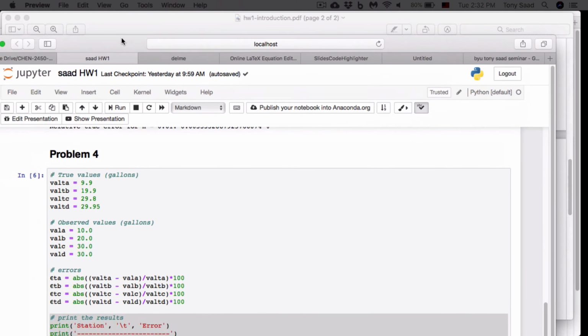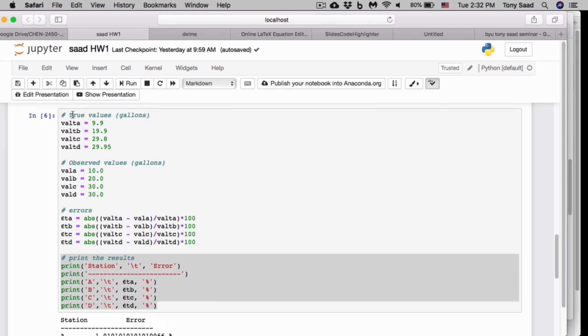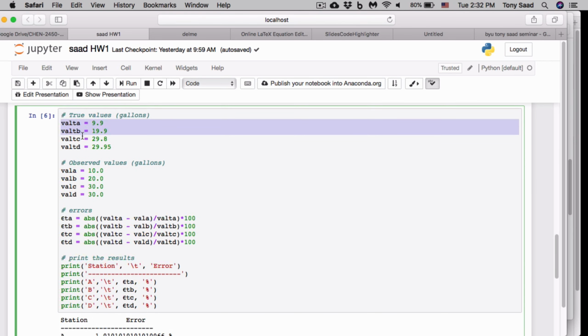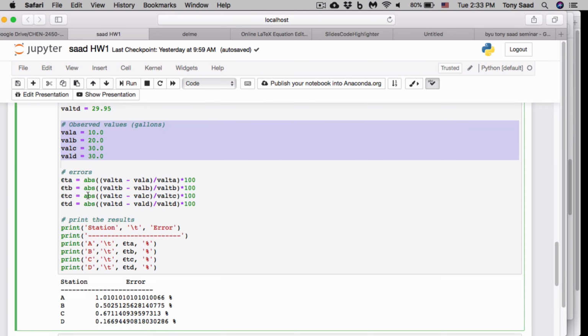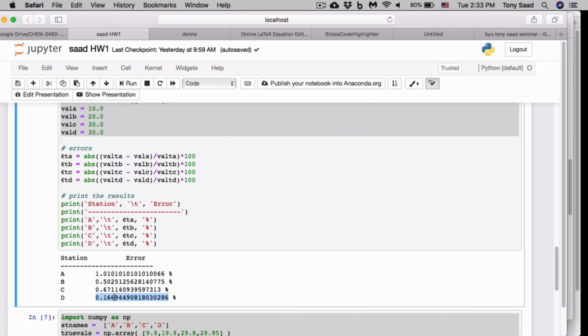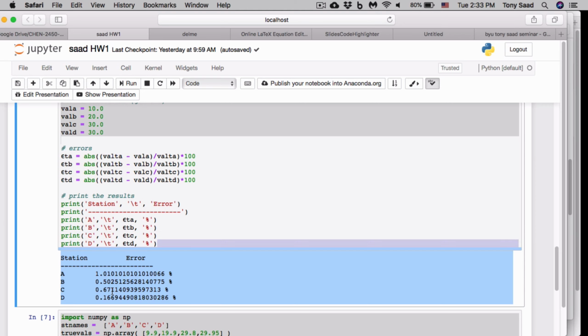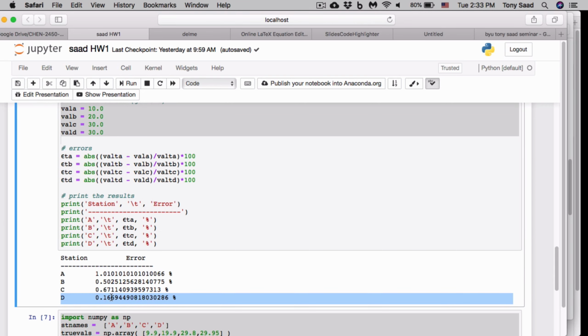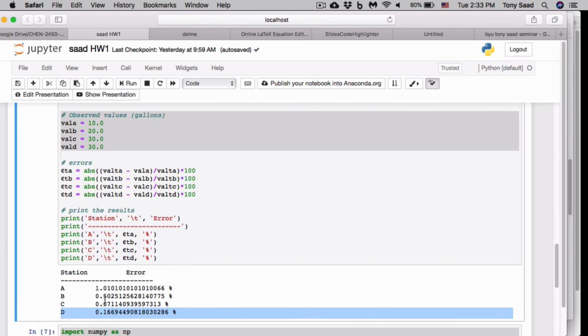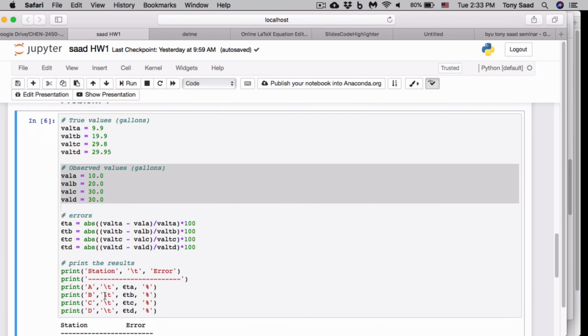True value for gas station A, true value for B, C, D, and then same thing for the observed value. So you can do this, okay? And these are the errors that you will get. Okay, so the one that cheated you the least was gas station D because it had the least relative error. That's an acceptable solution, but that's not the solution that I would do.